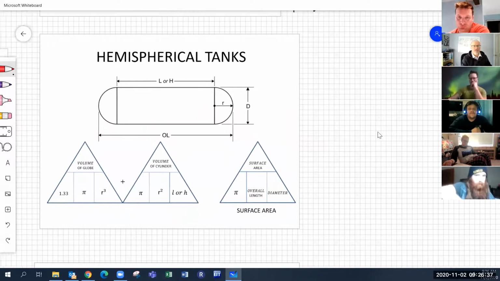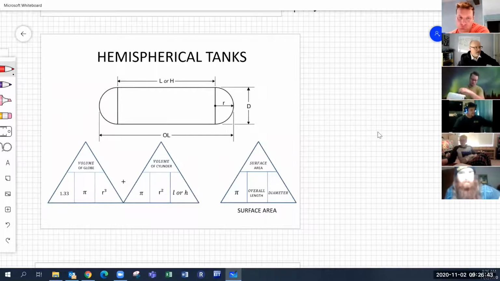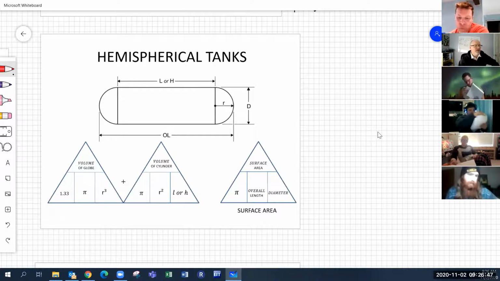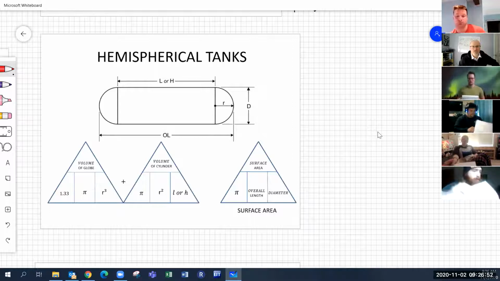I have in the picture now a hemispherically ended tank. And I'm not concerned about the volume, not as yet. I just want the surface area of a hemispherically ended tank.